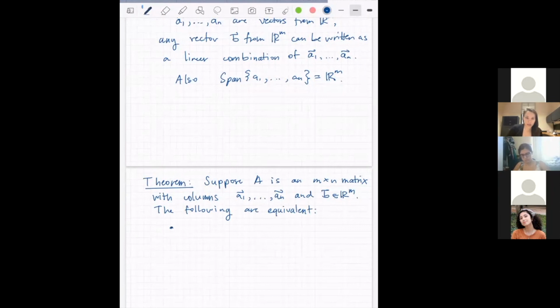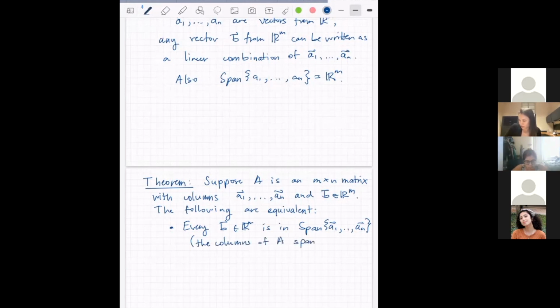So first of all, this is going to be similar to some of the equivalent statements that we talked about earlier. Every B in Rm is in the span of the columns A1 to AN, right? Another way of saying this is that the columns of A span Rm.